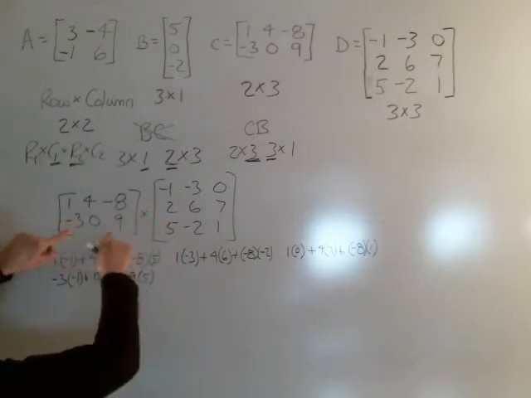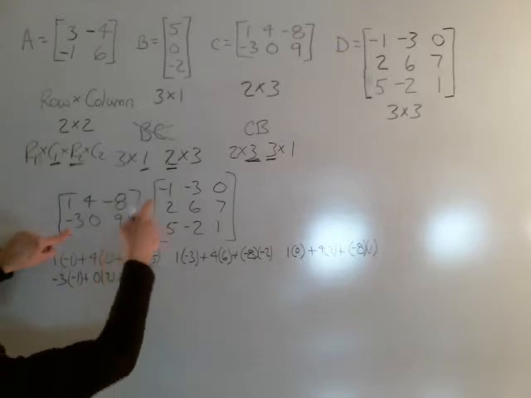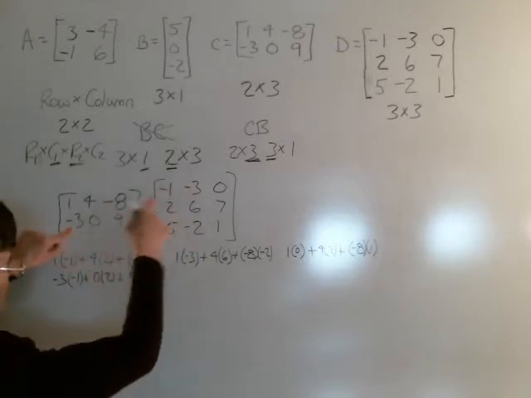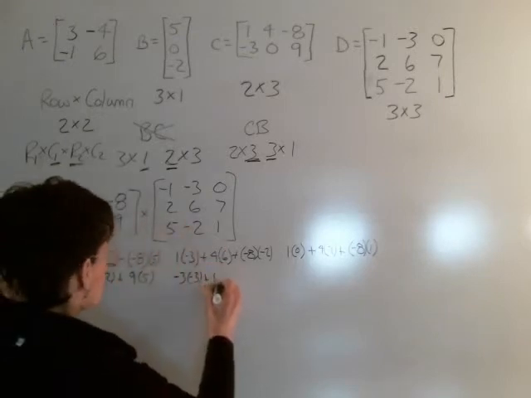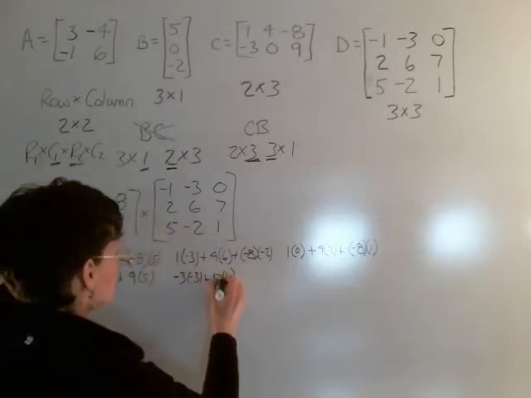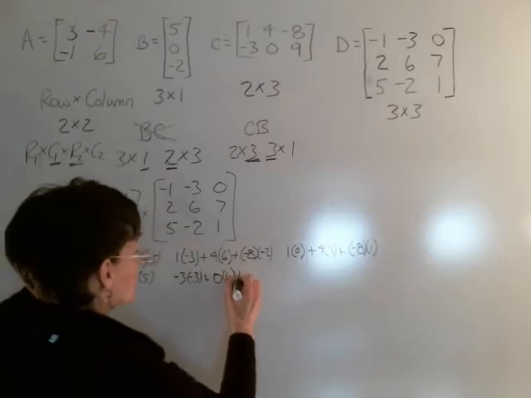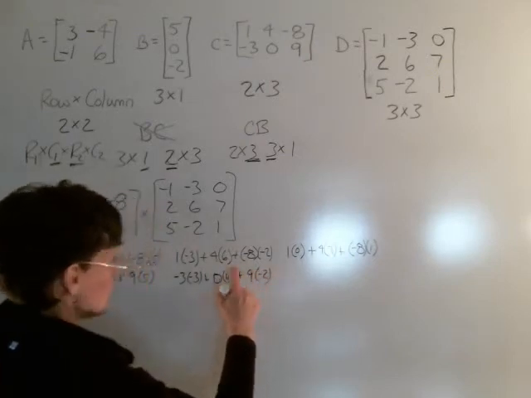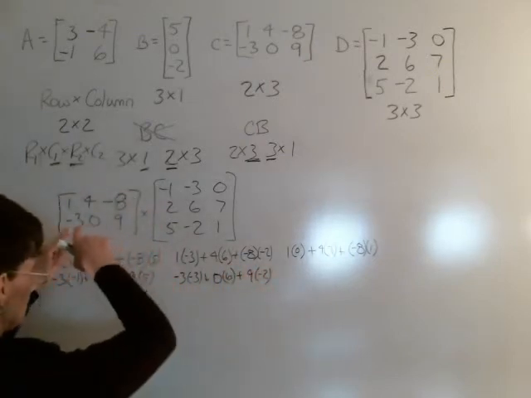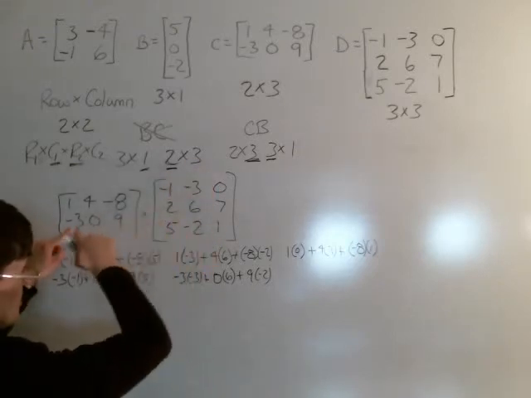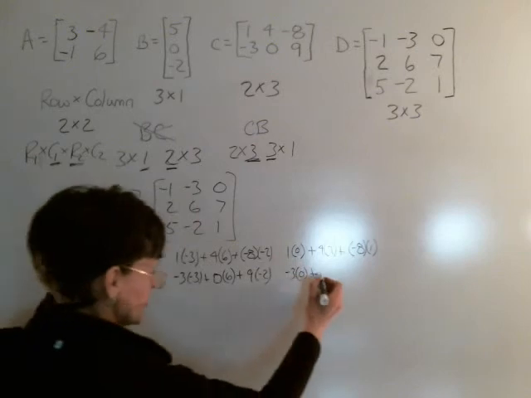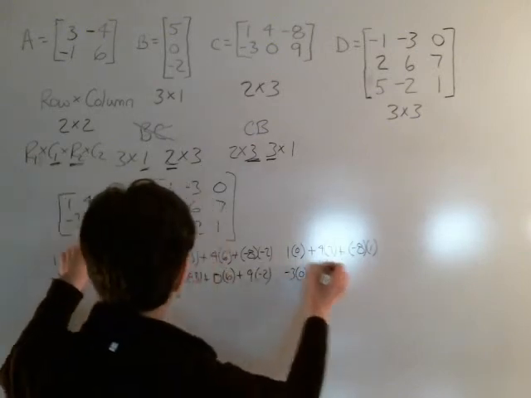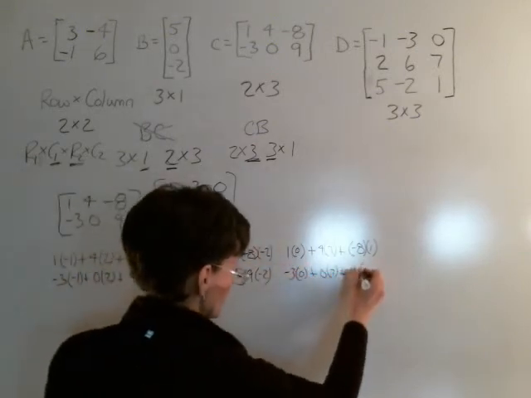To get my second number, I take that row times the second column: negative 3 times negative 3 plus 0 times 6 plus 9 times negative 2. And then for my last entry in my answer matrix, this row times this column: negative 3 times 0 plus 0 times 7 plus 9 times 1.